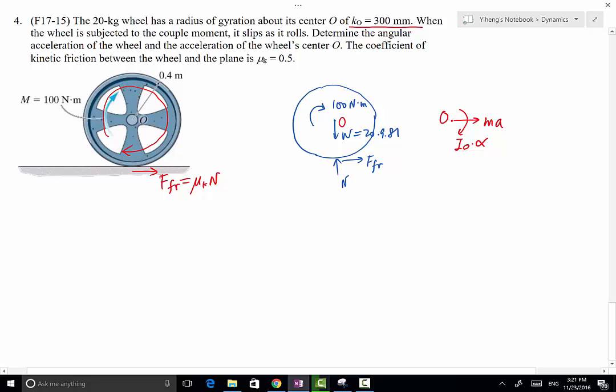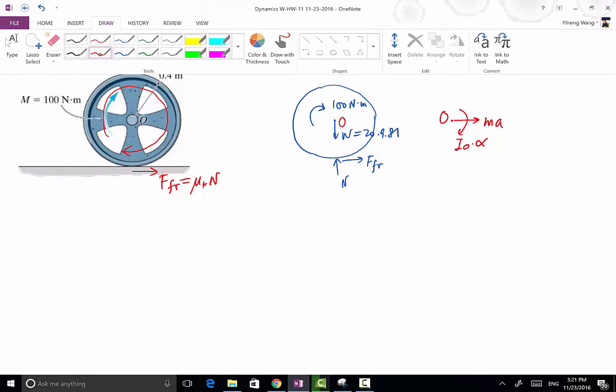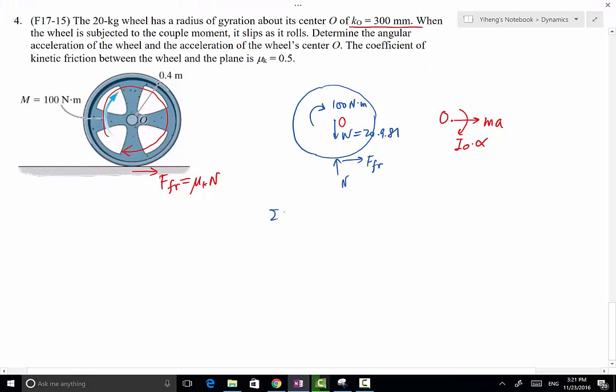So now we're ready to write the equations of motion. So again, don't forget this is the general plane motion. This is not translation. This is not rotation about any fixed axis. So resultant force along the y direction, we do this first because we want to solve for the normal force.